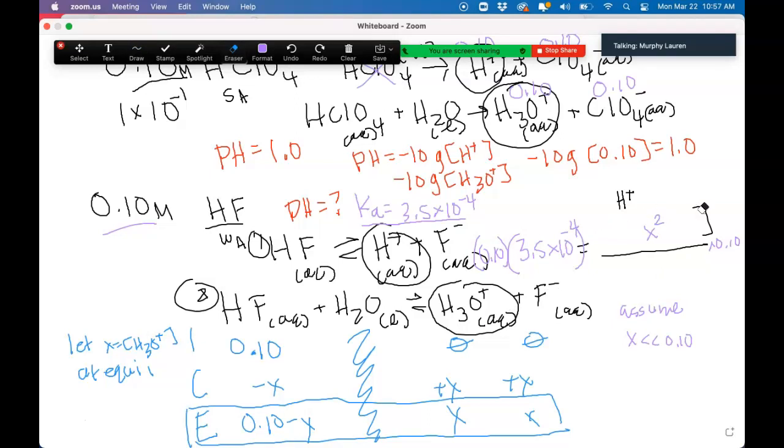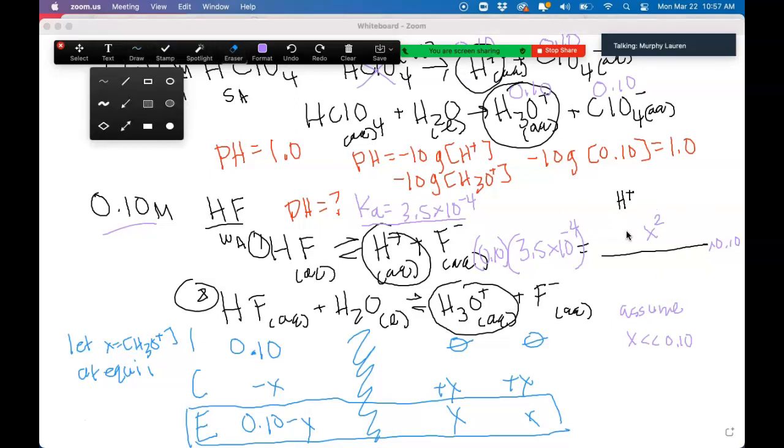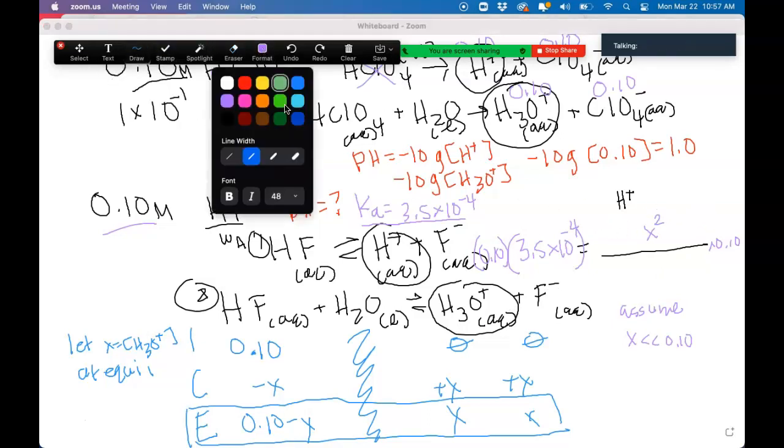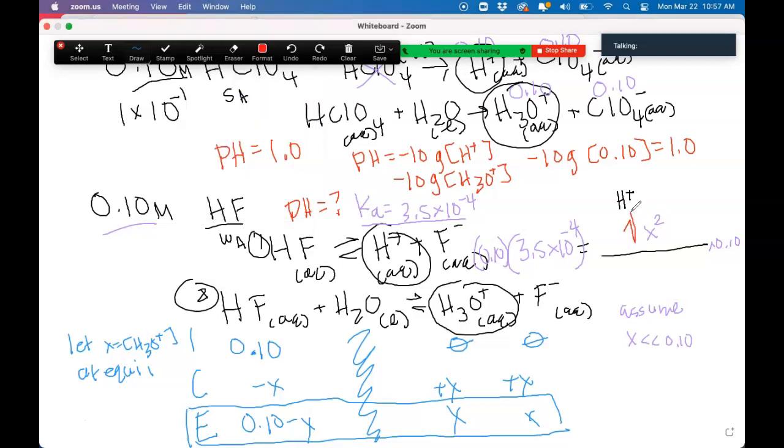So what do I do? I take the square root of both sides. And x comes out to be, I'll wait for your answers. You would think after doing this 3 times I'd remember, but I don't.